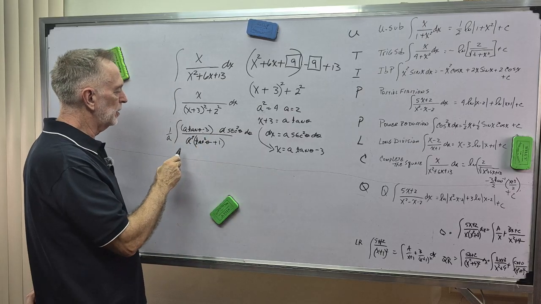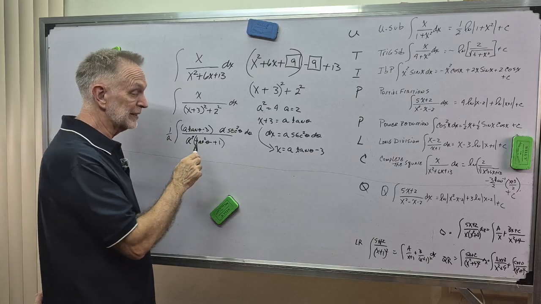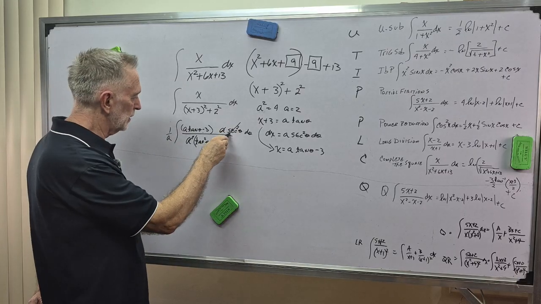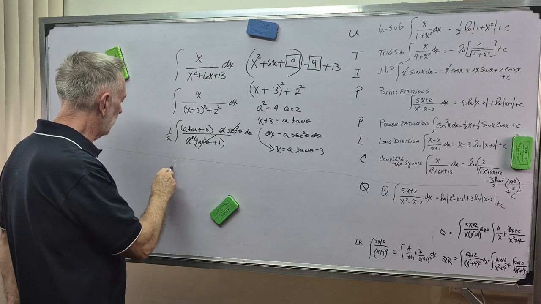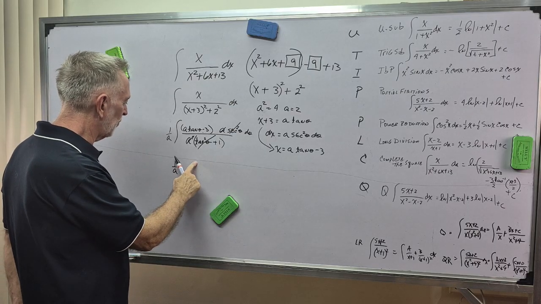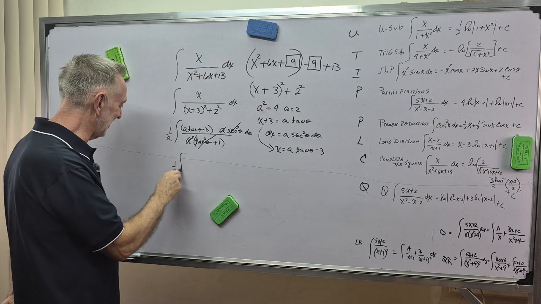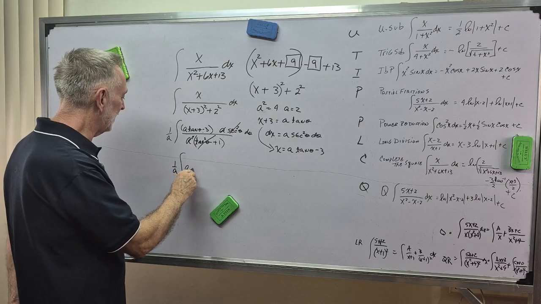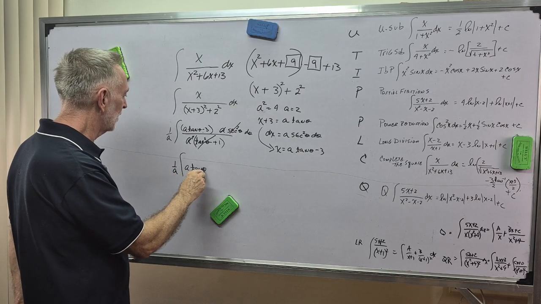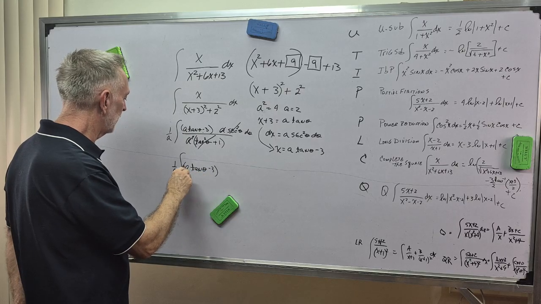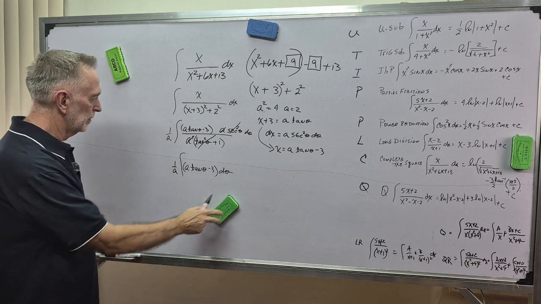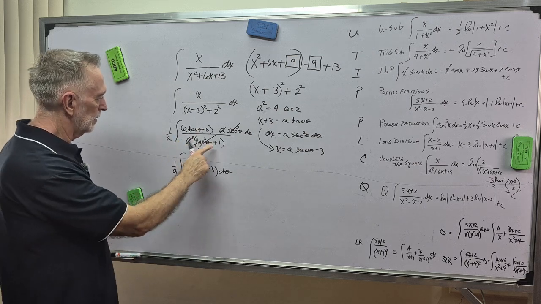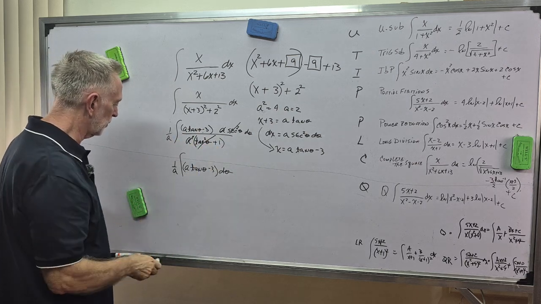Tangent squared theta plus 1 is secant squared. Secant squared and secant squared, those cancel. I'm left with 1 over a. That is the integral of a tangent theta minus 3 d theta. Is that correct? I think we're good.